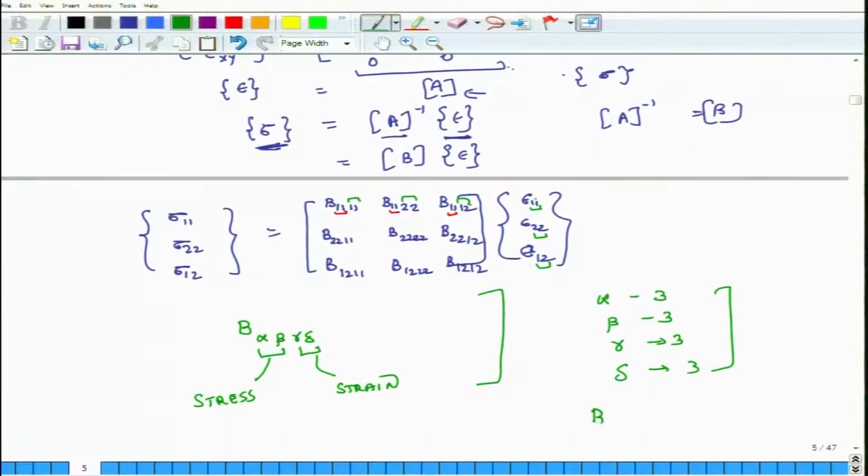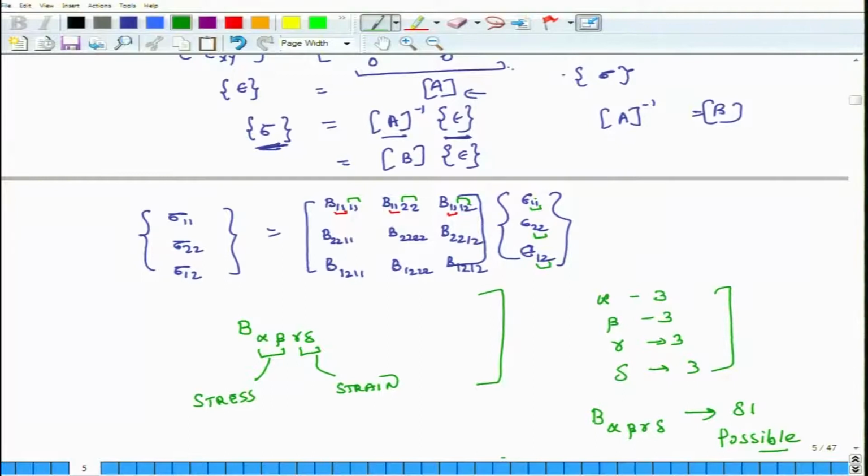So, B alpha, beta, gamma, delta can have 81 possible values. For what? For a 3-dimensionally fully loaded anisotropic material. For isotropic material, some of those values will be the same. For instance, B1111 and B2222, they will be the same.